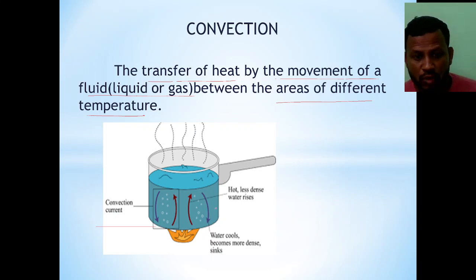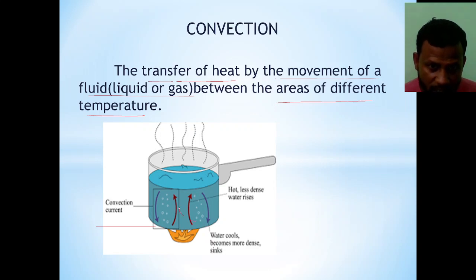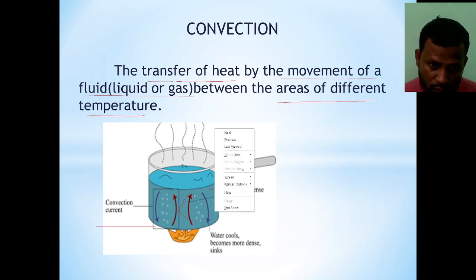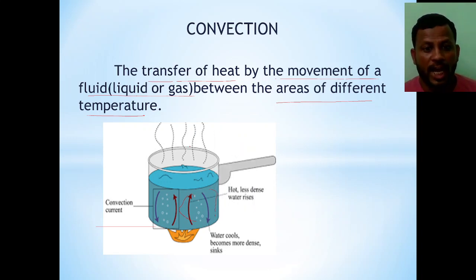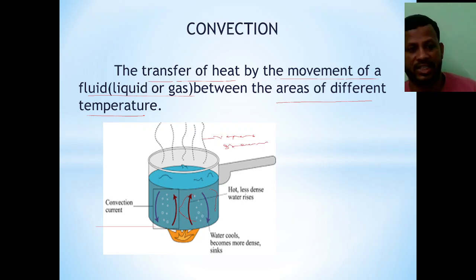When we heat this water, slowly the heated water comes upward, and the cold water slowly goes down below the hot water. Slowly we see some steam vapors coming out from the vessel.